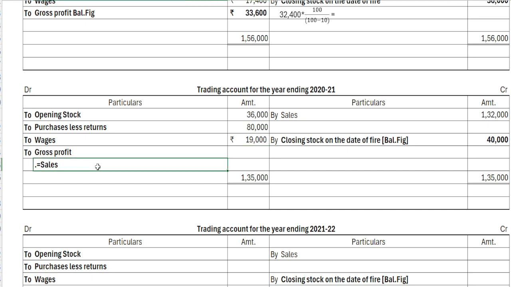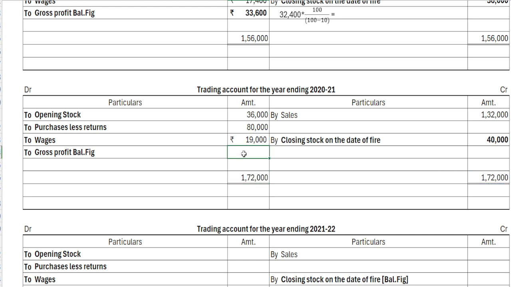Gross profit is a balancing figure. This is the given data. Close the accounts: the total is 1,72,000.